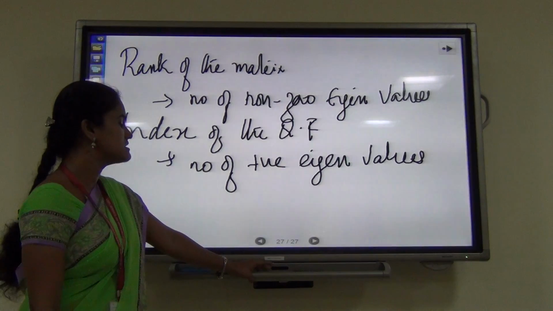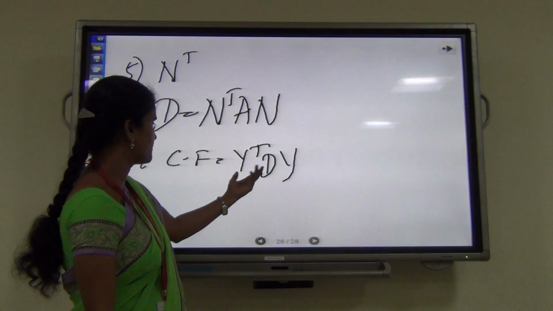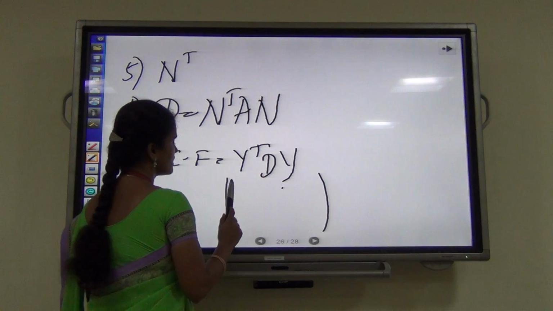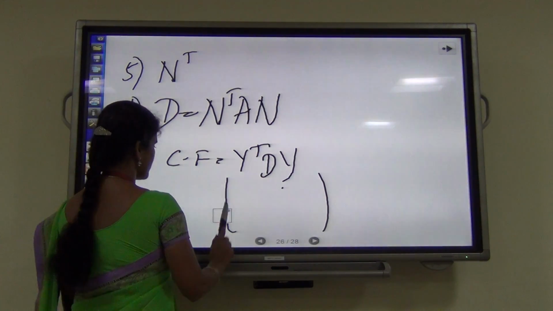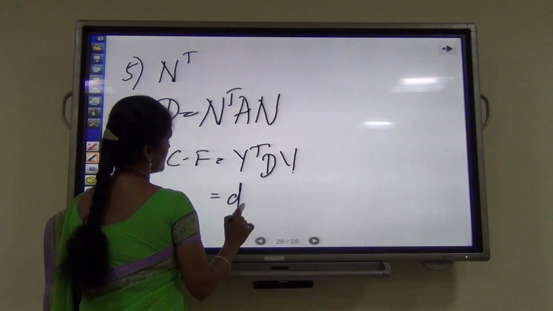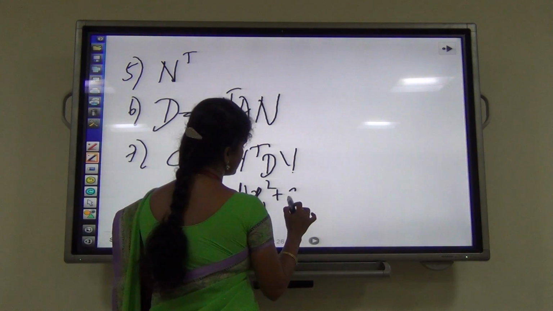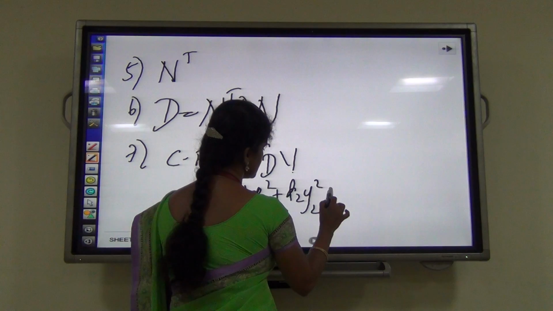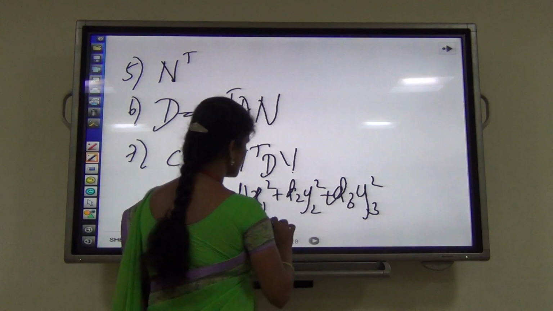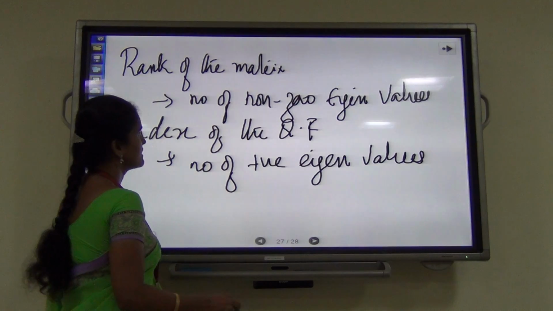Whereas in this canonical form conversion, this step, Y transpose DY, will give you a quadratic form which consists of d1 y1 square plus d2 y2 square plus d3 y3 square. So what are d1, d2, d3? They are nothing but the eigenvalue elements. So if d1, d2, d3 are positive, then the index will be 3.